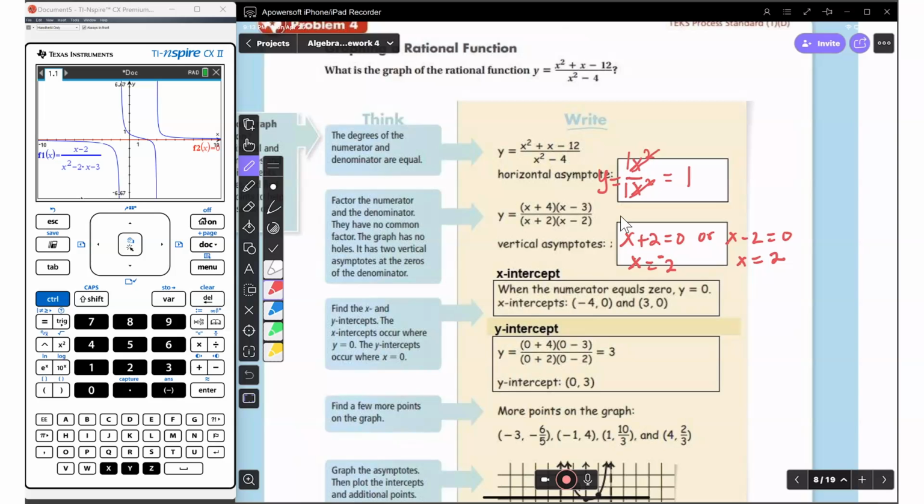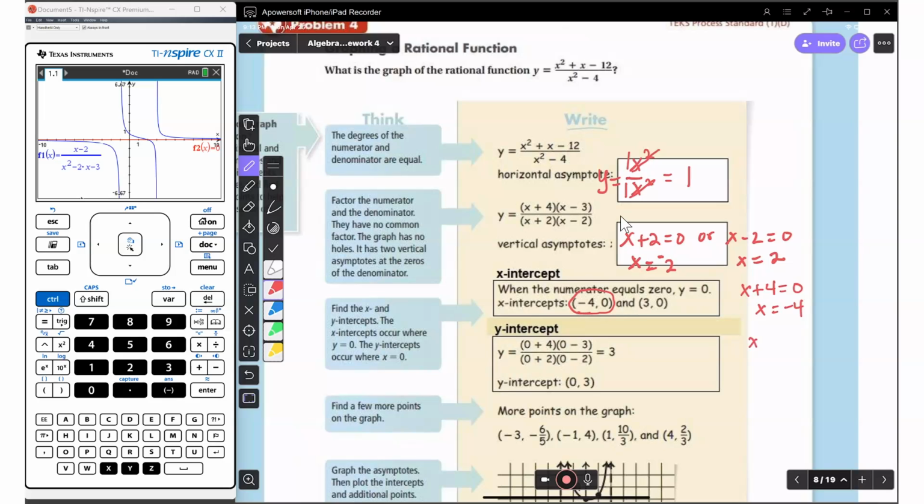Now you want to know where our x-intercepts are, and all we have to do is make the numerator equal to 0. So we have x plus 4 equals 0, so when x is negative 4, the numerator is equal to 0.